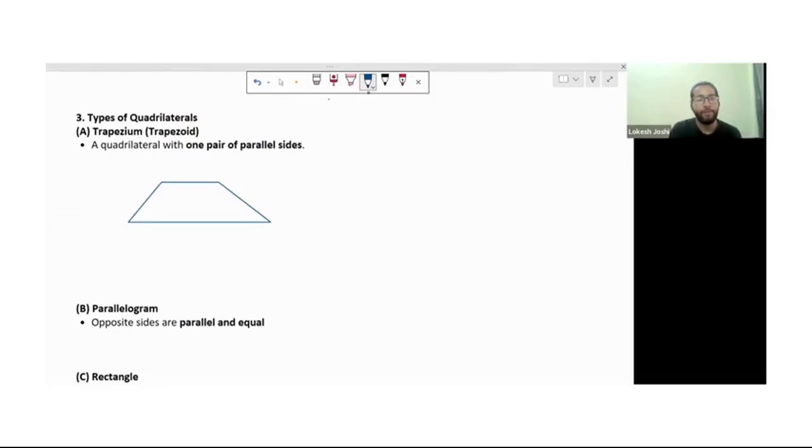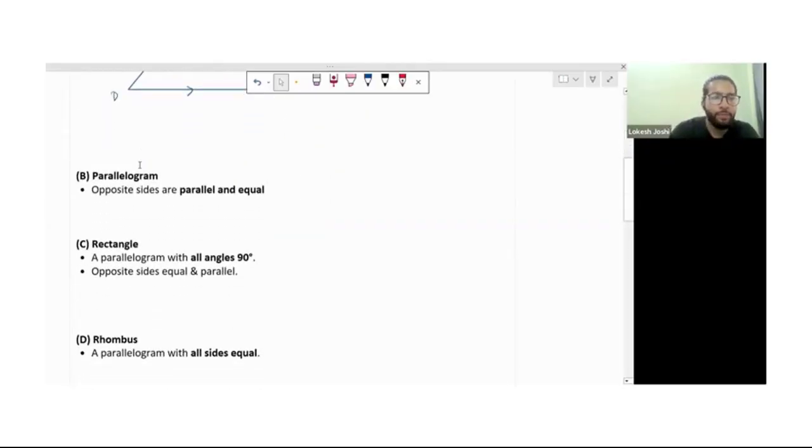If we name it A, B, C, and D, then side AB is parallel to DC. So that's done for trapezium.